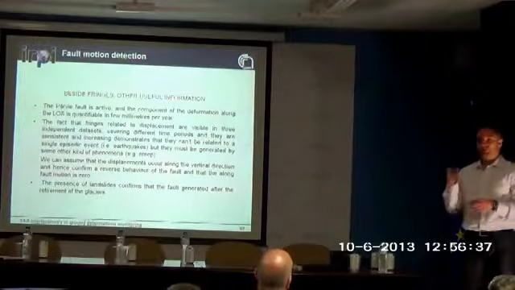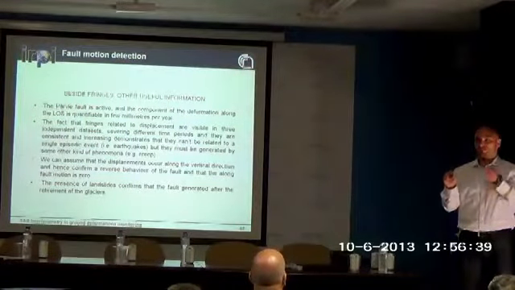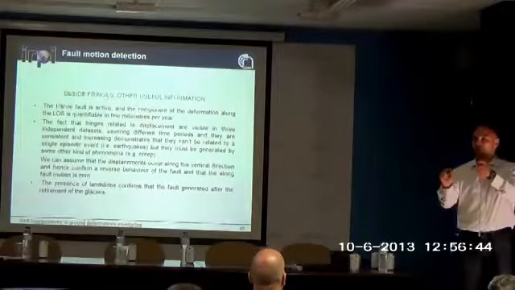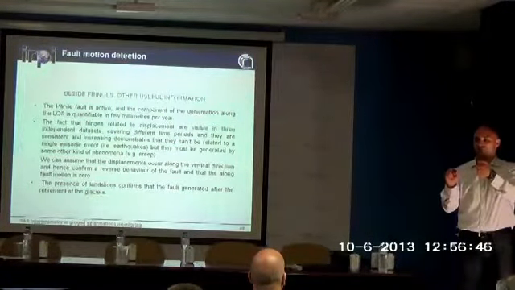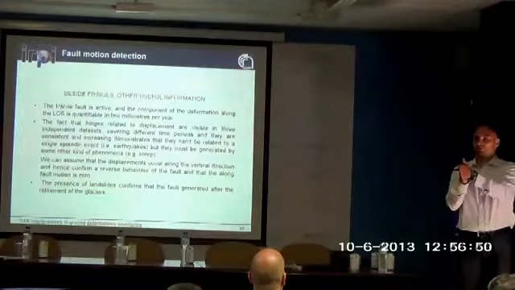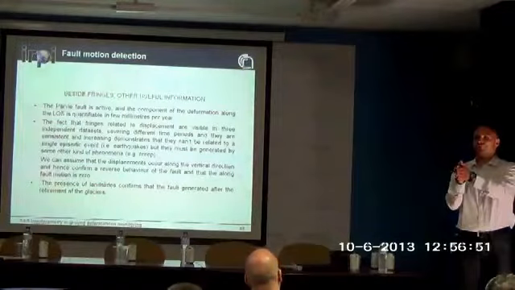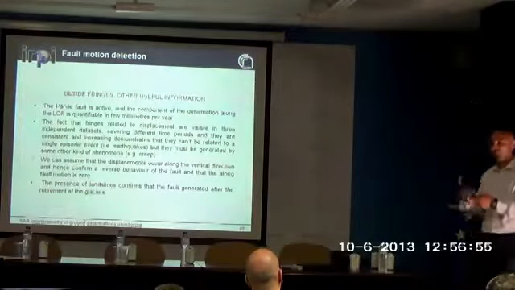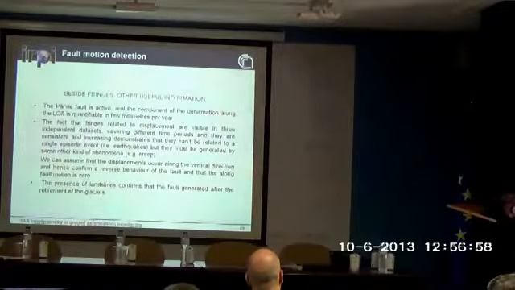And the track of the satellite is almost parallel to the direction of the fault. So if the movement was along it, we were not able to recognize it. The fact that we saw movement this way gave us extra information.